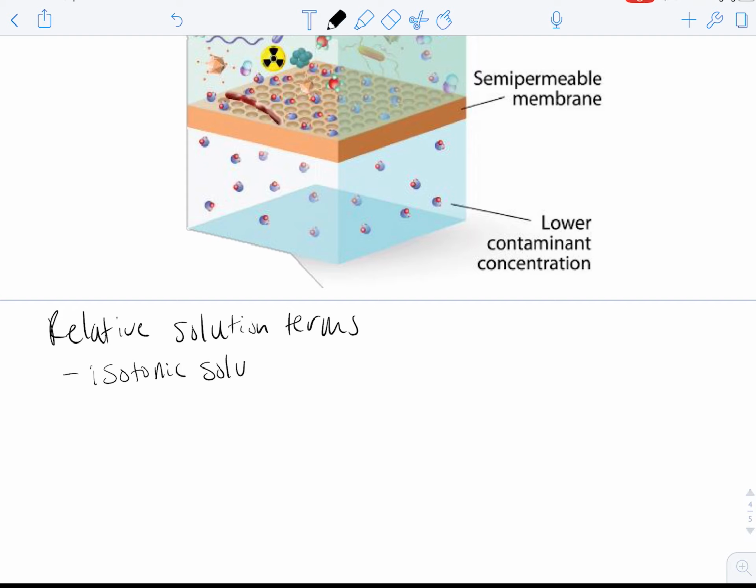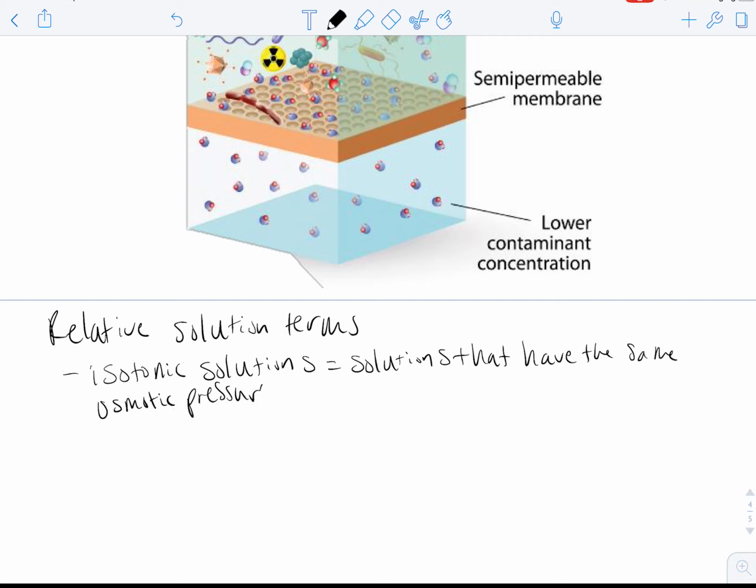So isotonic solutions are going to be ones that have the same osmotic pressure. So in this case, our rate of transfer of solvent molecules would be the same on both sides of the semi-permeable membrane.